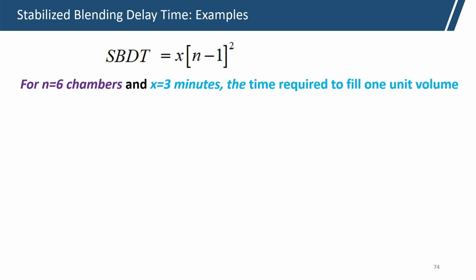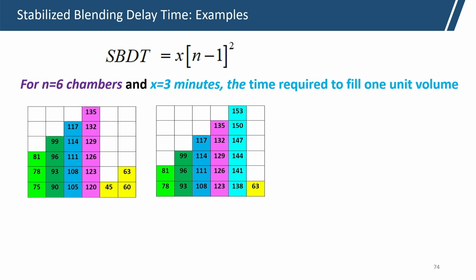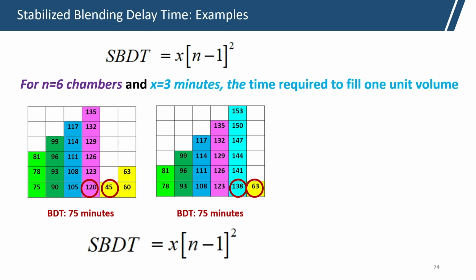So, for n chamber equal to 6 and x equal to 3, the time required to fill one volume, the standardized blending delay time, is 75.